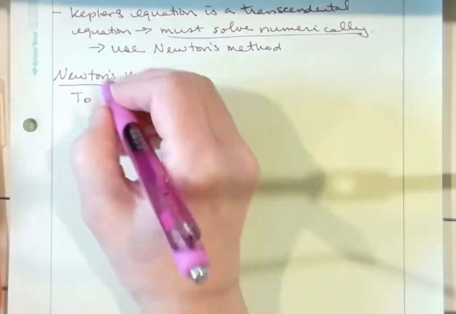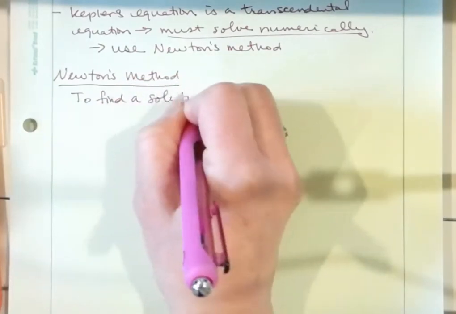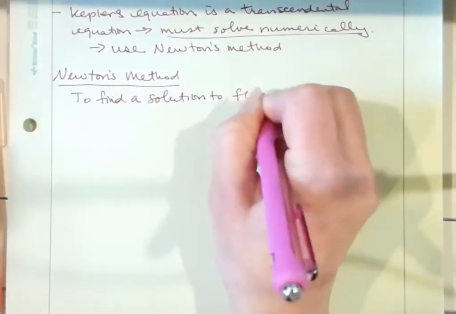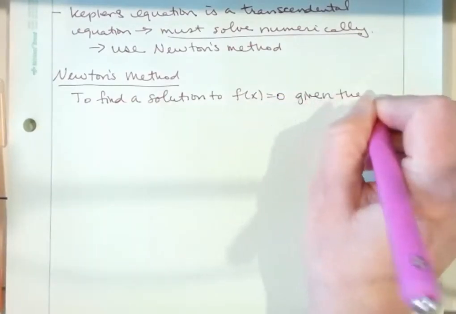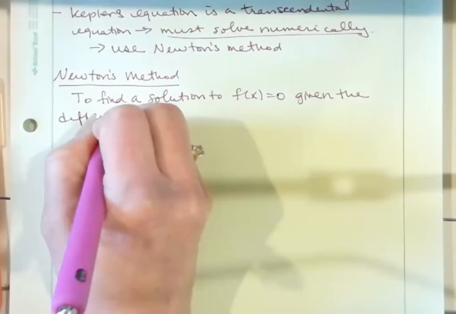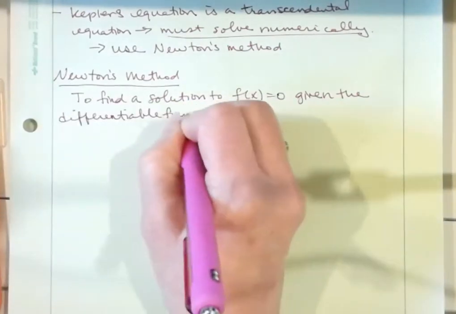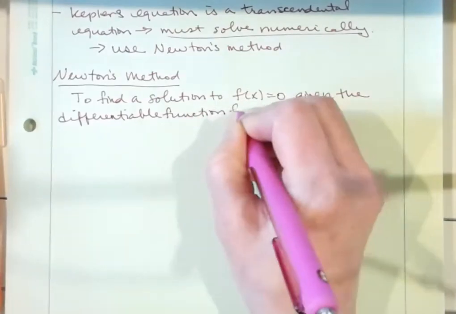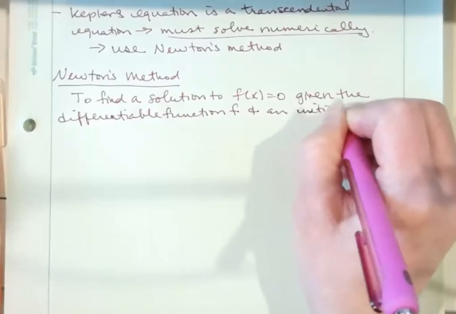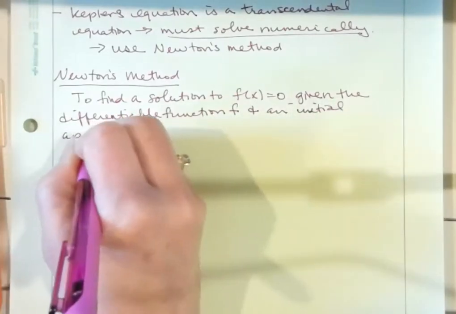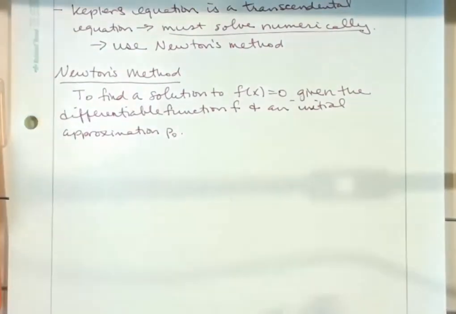For Newton's method, what we're trying to do is find a solution to f of x equals 0, given the differentiable function f. We also need an initial approximation P0.